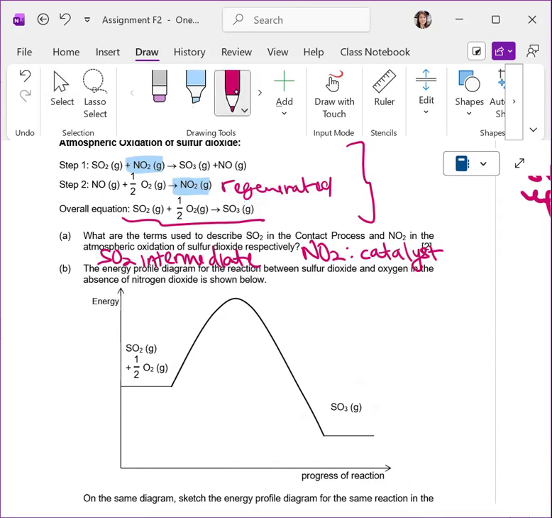So if we assume, let's say, the first step is the rate determining step, then we will have to show it having a greater activation energy than the second step. But overall, NO2 is a catalyst, so we will be expecting a lower activation energy. So for those who follow the mechanism and illustrate a two-step mechanism, then perhaps what you will get may be something like this.